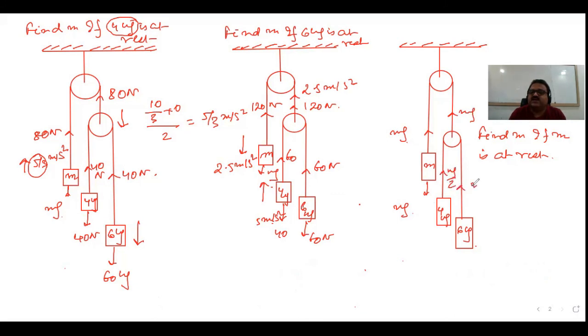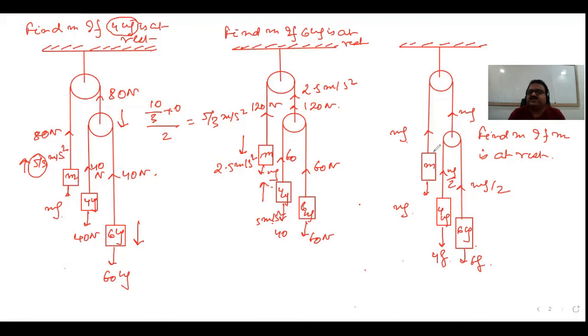This is mg by 2. Okay. Now if we handle with the tension in this case, so what will happen in this case? Look at this. 4g is acting downward and 6g is acting downward.